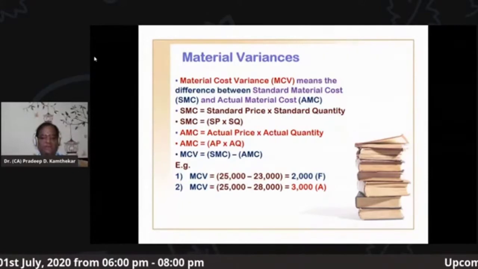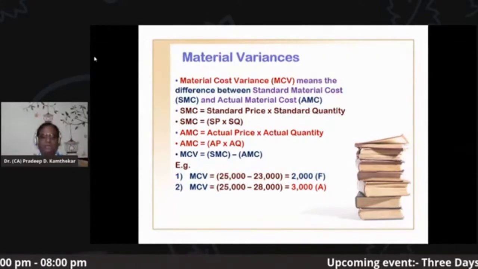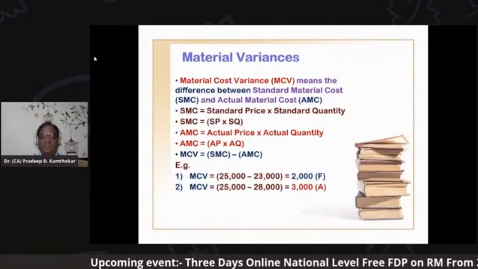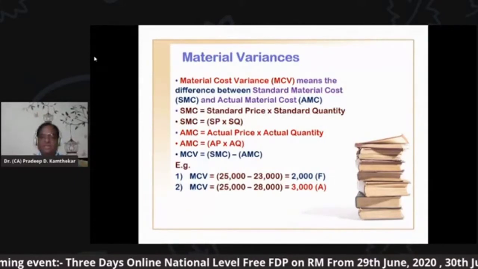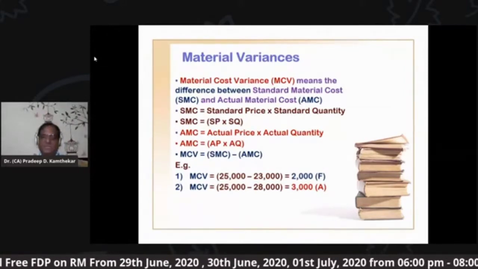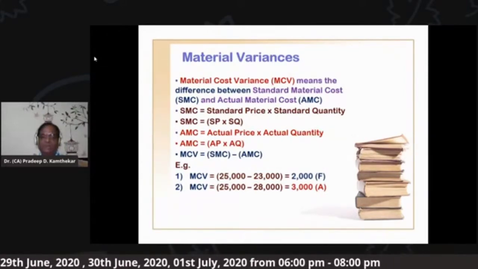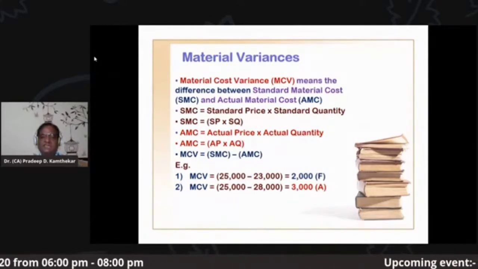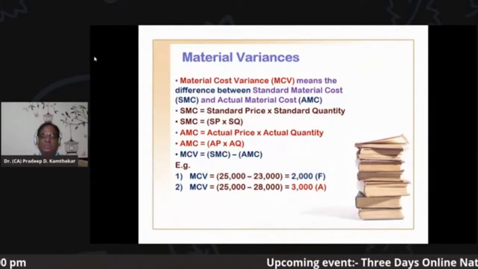Just for example, I have given you below. You see, the standard material cost in the first case was 25,000 and actual material cost was 23,000. That means business was expecting to incur 25,000, whereas business has incurred only 23,000 on that material. So business has saved 2,000 rupees in the cost.